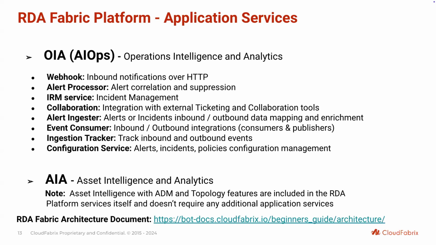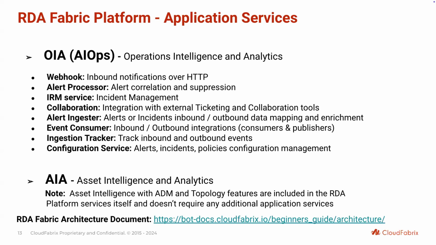So alert ingester is responsible for both inbound data transformation for the alerts, and even outbound data transformation for ticketing. And then we have the event consumer. Event consumer provides some of the capabilities of endpoints, such as ticketing or integrating with an external message bus like RabbitMQ.